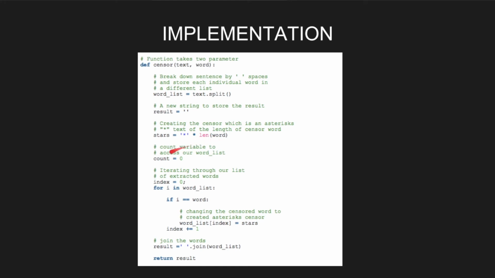We define stars as star into length of word. Then traverse the sentence, and if the word is a censor word, replace it with stars. Finally, join the words to form the final sentence and return it.